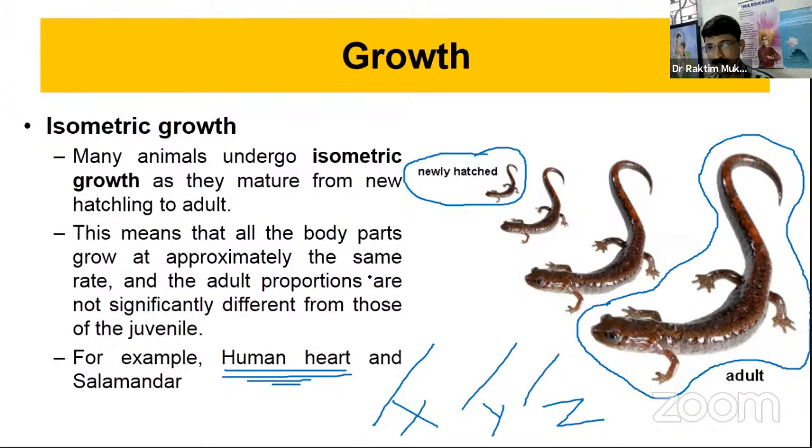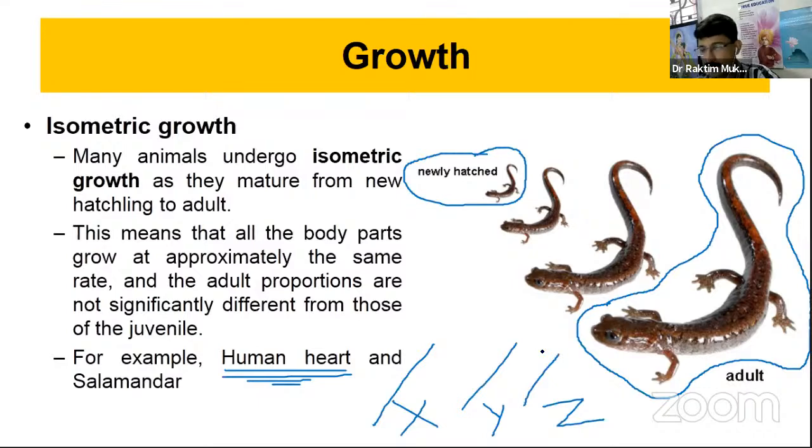Likewise, even for the salamander, just now projected in front of you. These are the examples of isometric growth. Let me summarize: in isometric growth, all body parts grow at approximately the same rate, and the adult proportions are not different from that of the juvenile. So that's isometric growth. Now I will switch over to the next term, that is allometric growth.